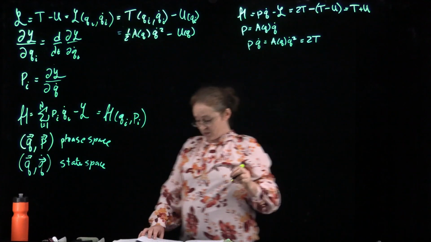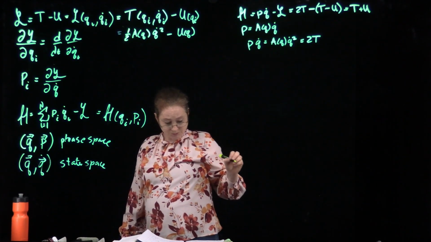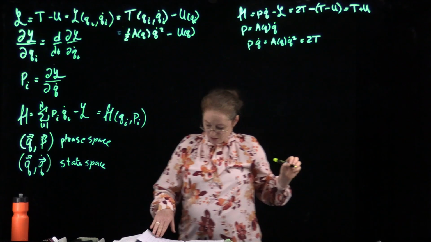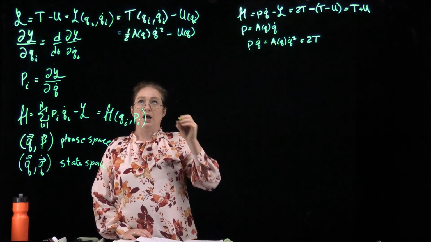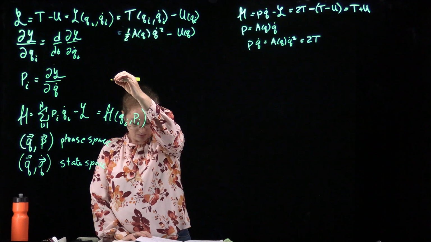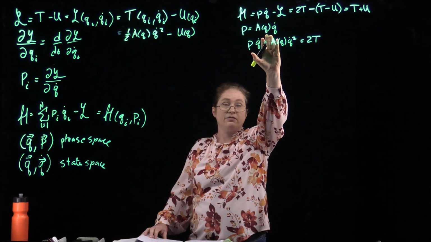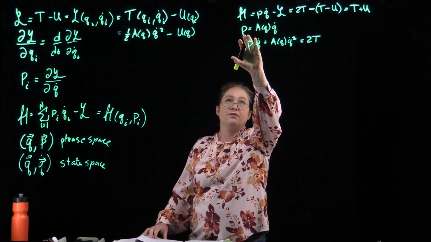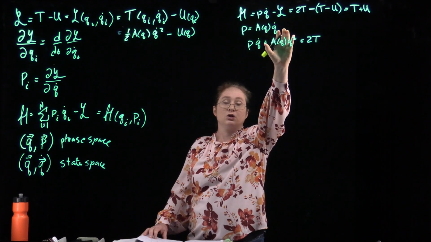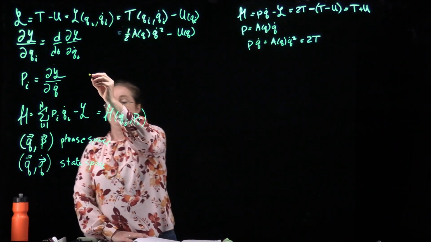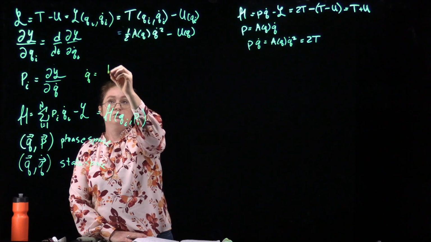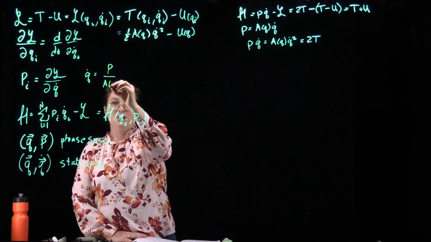And we can always define our qi in this case because we will always have p equals A of q, q dot. So we will have q dot equals p over A of q.